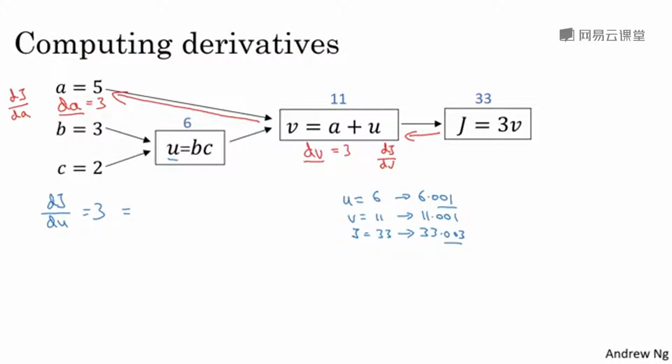This is actually computed as dj/dv times dv/du, where dj/dv we had already figured out was 3, and dv/du turns out to be equal to 1. So with one more step of backpropagation, we end up computing that du is also equal to 3. And du is, of course, just dj/du.